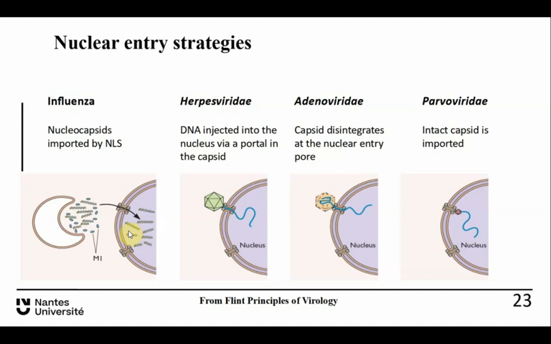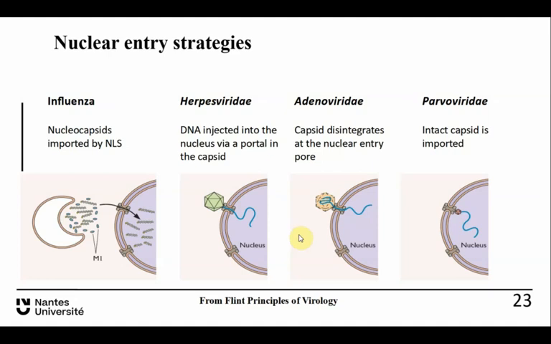Small icosahedral capsids can also go straight through the nuclear pore. That's true for parvoviruses, which are very, very small icosahedral capsids. They can actually get through here. So the whole capsid is imported, and then finally it dissociates in the nucleus and releases the viral DNA genome.